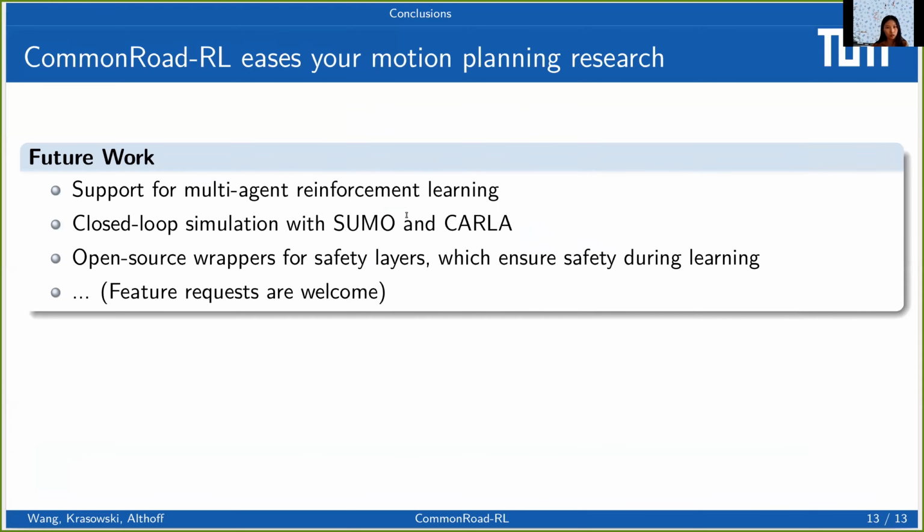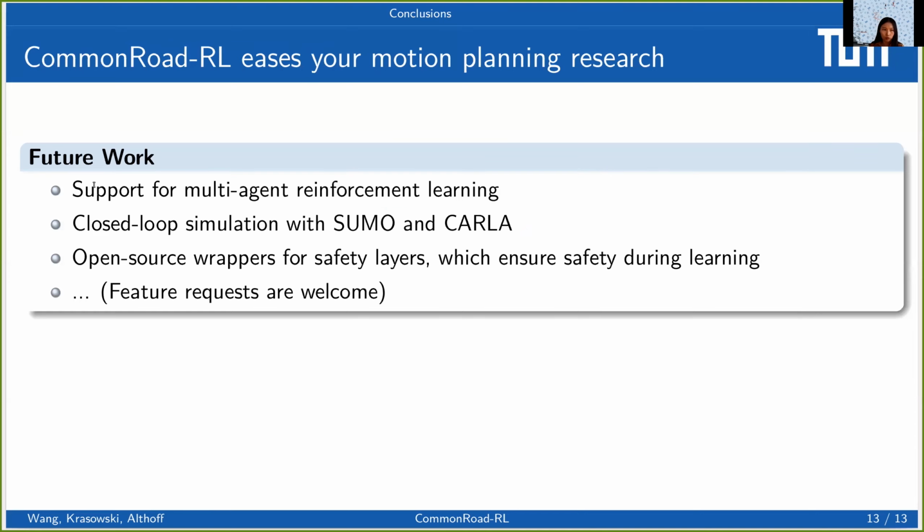So in this talk, we introduced a toolbox to solve motion planning problems using reinforcement learning methods. We hope that CommonRoad-RL will ease your motion planning research if you are working on reinforcement learning methods. In the future, we will develop more features for our tool.